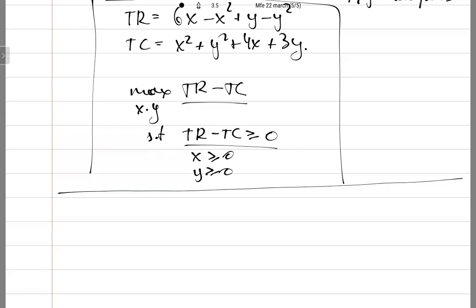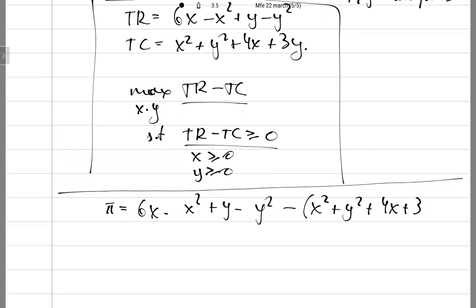So let's check. Let's simplify a little bit. Our profit phi will be 6x minus x squared plus y minus y squared minus x squared minus y squared minus 4x minus 3y.